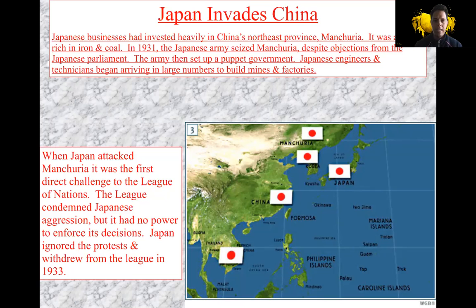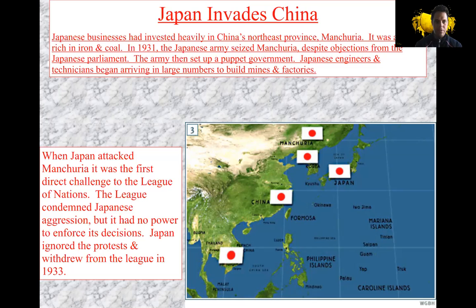Essentially, what they did is they began to yes themselves into expansion, where the army would fight first, and the Japanese people would get excited, and then the army would continue to conquer more territory. Japanese engineers and military technicians began arriving in large numbers to build mines and factories.